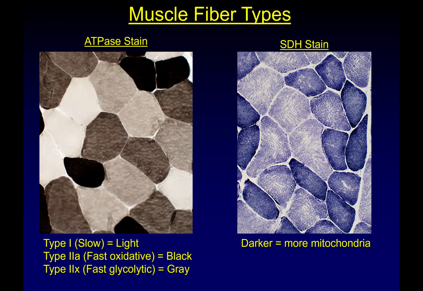These are not the same fibers, but you take these little thin slices and you can match all the fibers up, and you say, okay, I've got one that appears to be a type 1 fiber, and it has X amount of mitochondria. I've got this one as a 2A, it has more or less mitochondria. I've got a person who's highly aerobically trained, a person who's highly resistance trained, and what do these things look like across them? That's how we would learn and do all of our fiber type things.